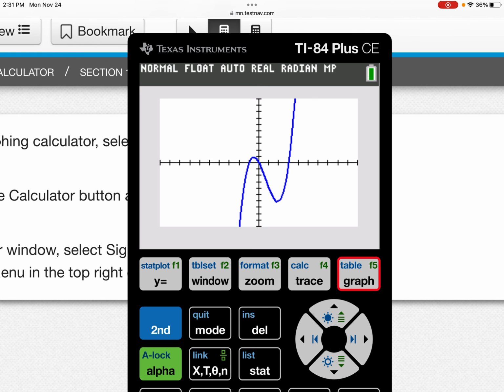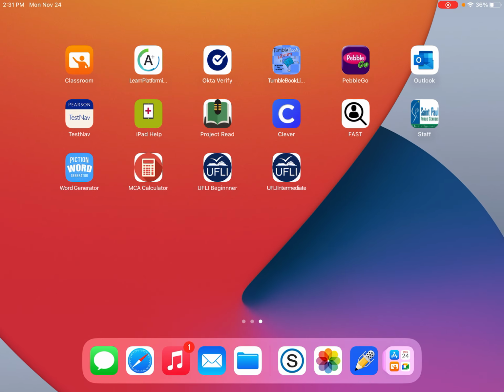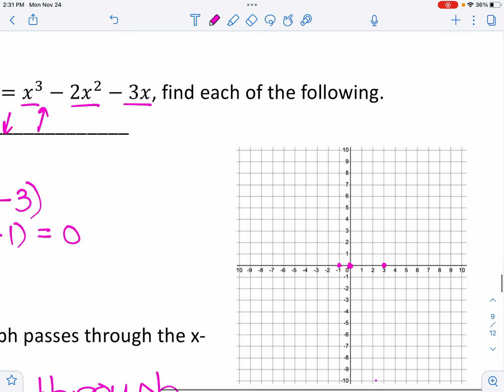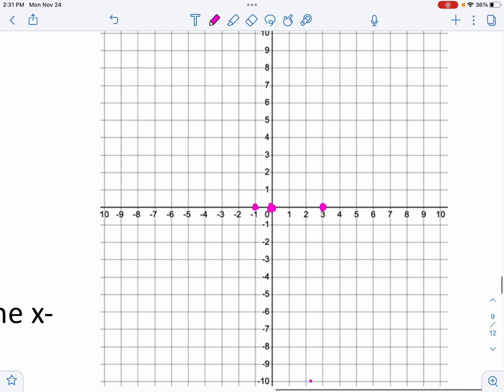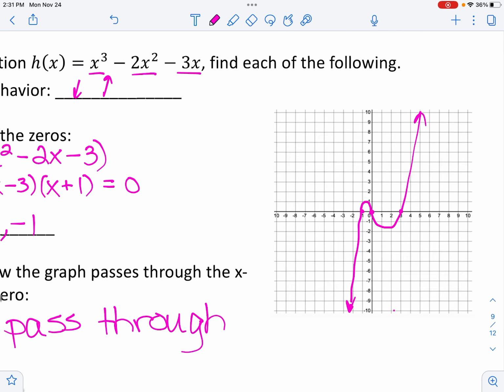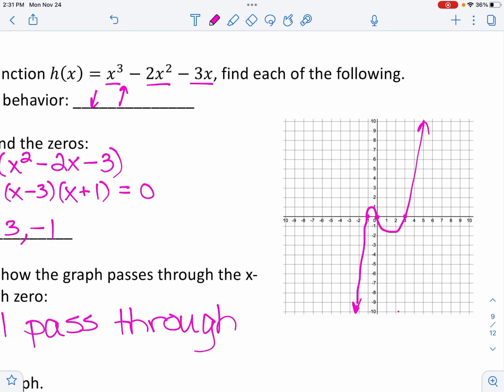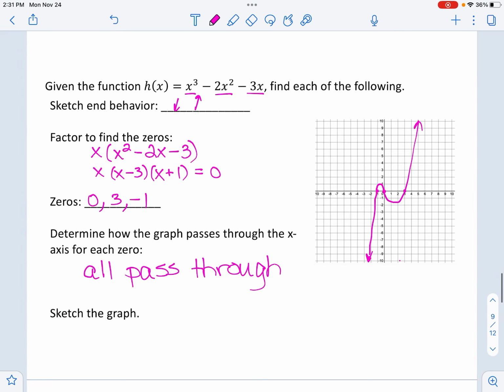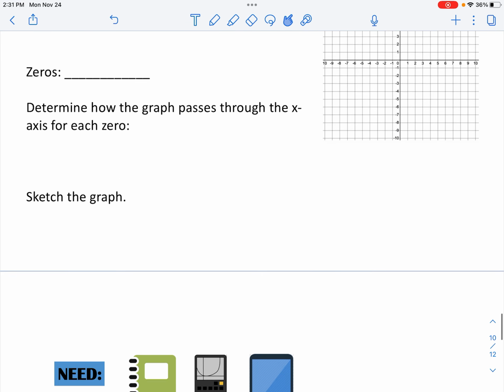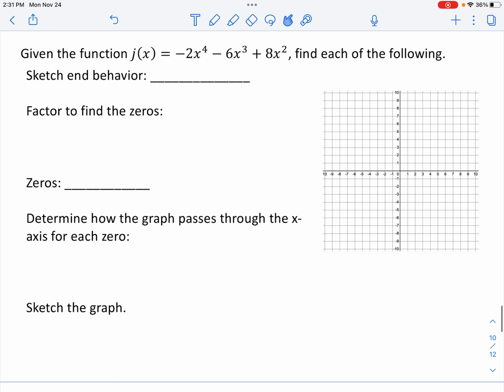Sure enough, it does. Okay, cool. And my end behavior does match too. My graph is not the best, but it does match. Okay, so hopefully that is starting to make a little sense. Okay, I have one more and then we're done.